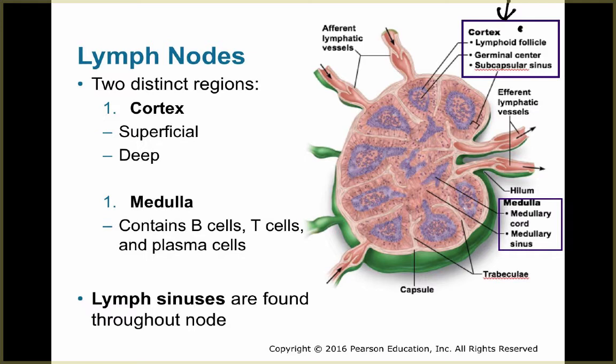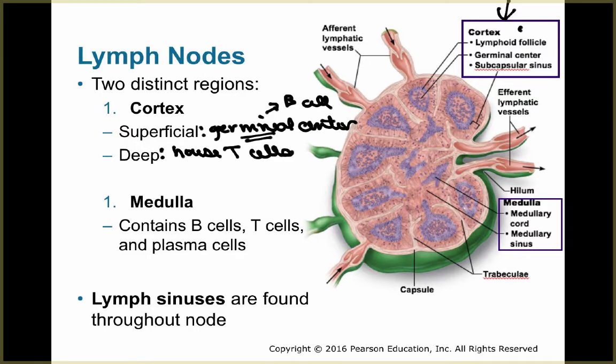The superficial area basically contains what's known as the germinal centers. And if you remember what's happening there, think about germinal and what germ centers normally mean. This is where you're having B cells divide, lots of dividing B cells. The deep area of the cortex is going to house T cells.